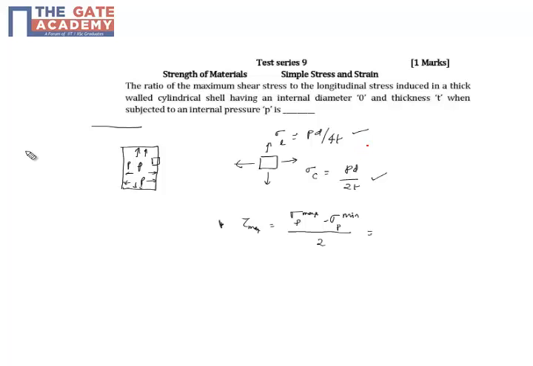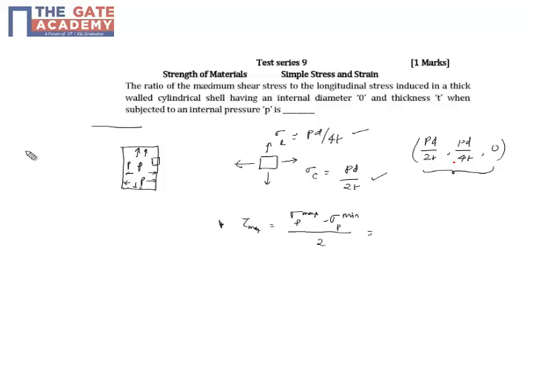So let's arrange these. Max principal stress is PD by 2T, and this is PD by 4T, and 0 is your third dimensional principal stress where you don't have any stress.